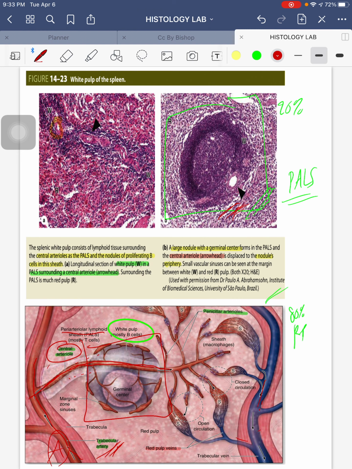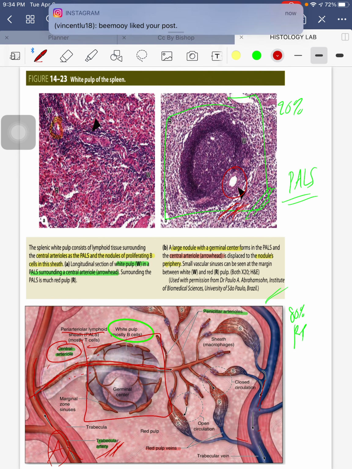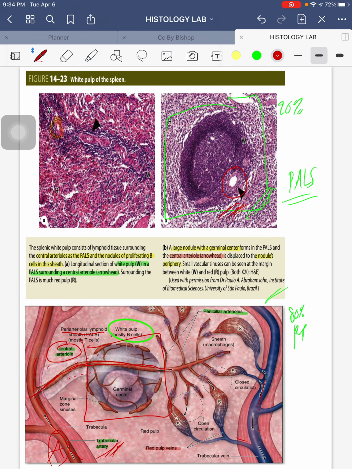What you can see now in your white pulp therefore is a central arteriole. Remember we talked about arterioles in your cardiovascular system. There's always a lumen, there's a smaller number of layers, and elastic lamellae that is admixed with your muscular layers.